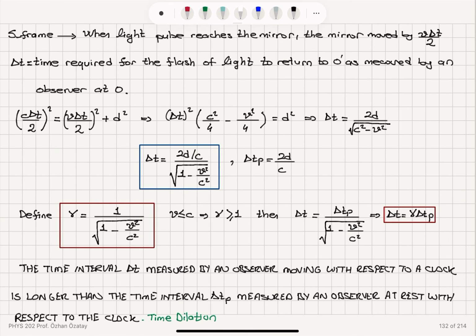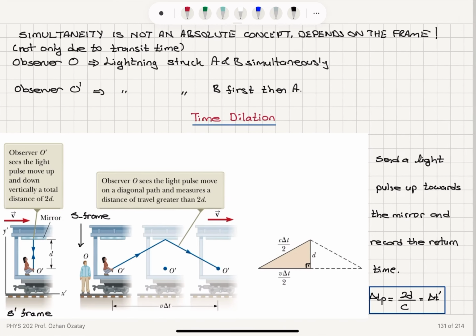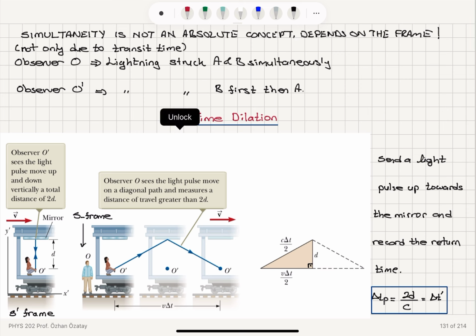Now, this delta t measured by the S prime observer is called the proper time interval. It is the time interval between two events measured by an observer who sees the events occur at the same point in space. So is that true? The light pulse leaves the source and returns back to the source.